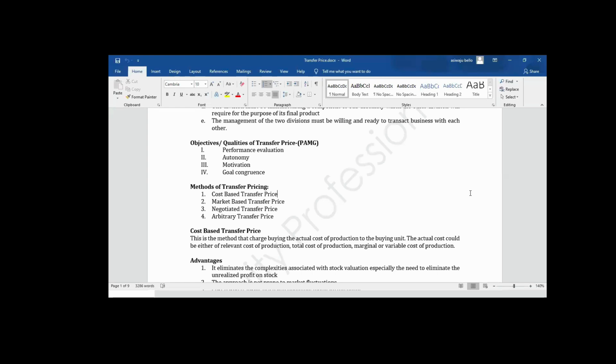If the objective of Dangote group is about maximizing profits, then the objectives of all the divisions within Dangote group must be to maximize profits. That is goal congruence. The objective of the division must be in line with the objective of the corporate head office.